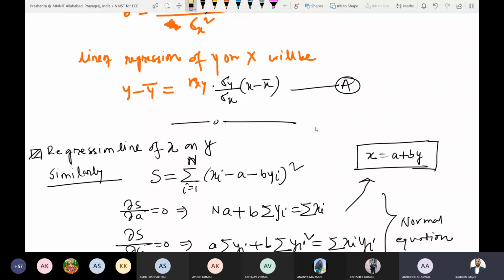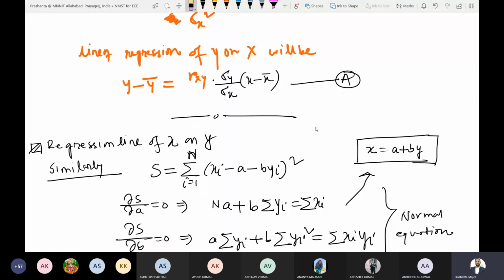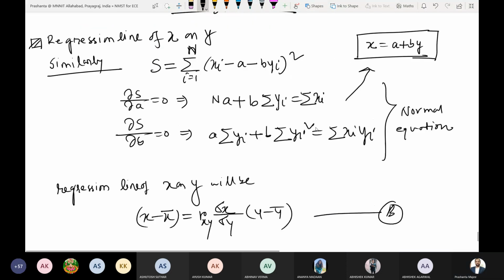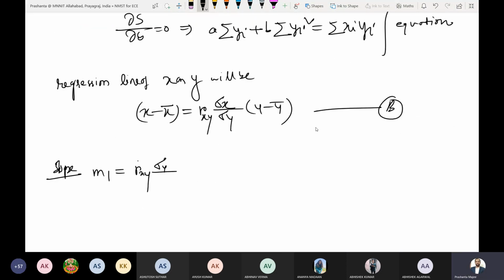The slope for line A is M1 equals Rxy into sigma y by sigma x.